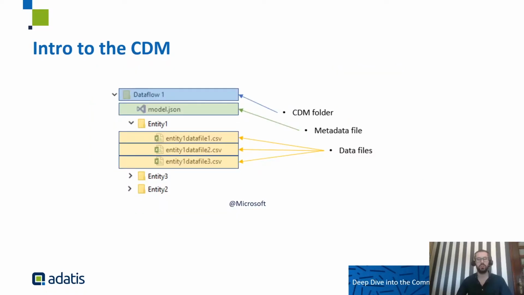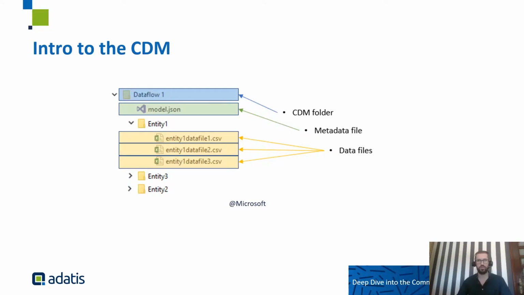We are all, what I like to say, in a transitioning period. Up till probably April this year, the way that the CDM folders were stored in the lake was using what is known as the model.json. And we still have services using this approach, such as Dynamics 365, Power Apps, and Power BI Dataflows. The structure is composed of files and folders.